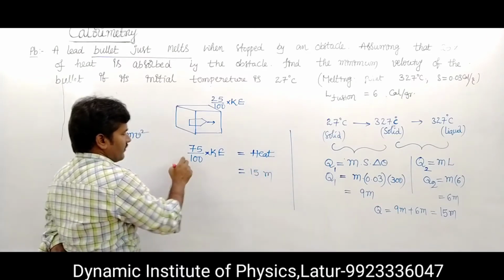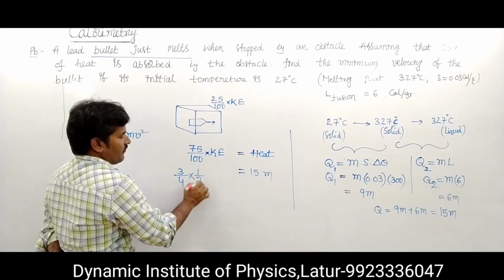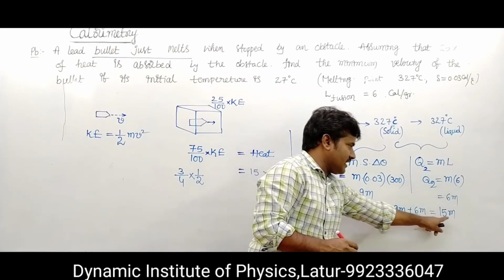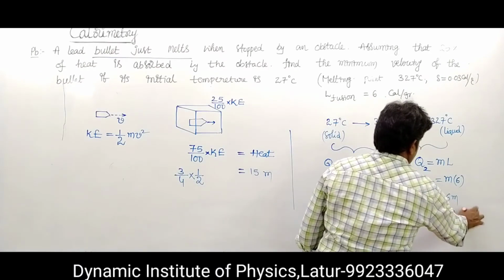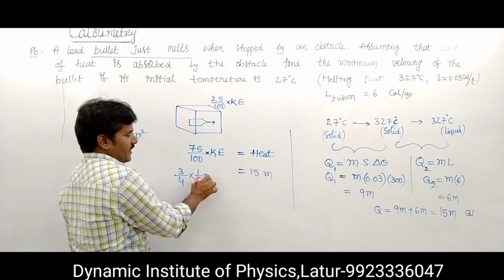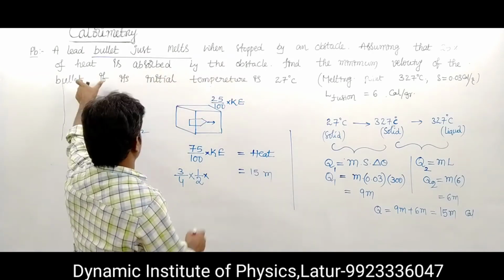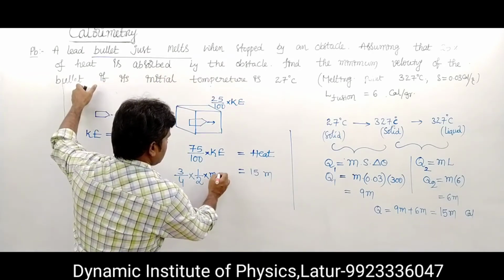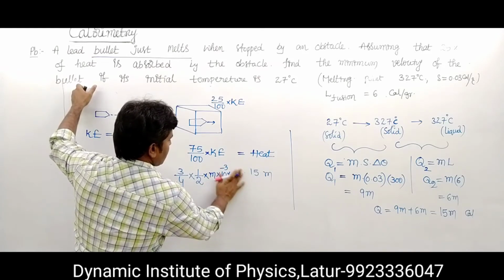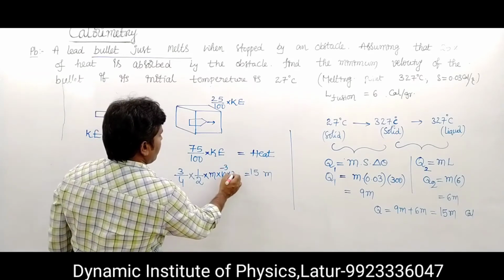So 15m equals 3 upon 4 into the kinetic energy, half mv square. This is the CGS system, total in calorie. The mass of the bullet is m, in kilogram it is 10 power minus 3, and v square is the square of velocity.